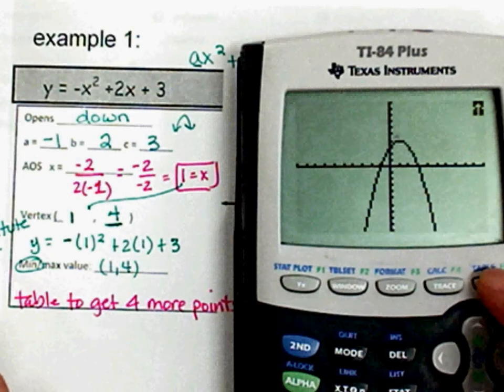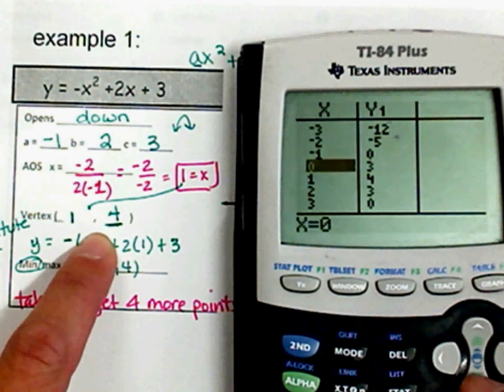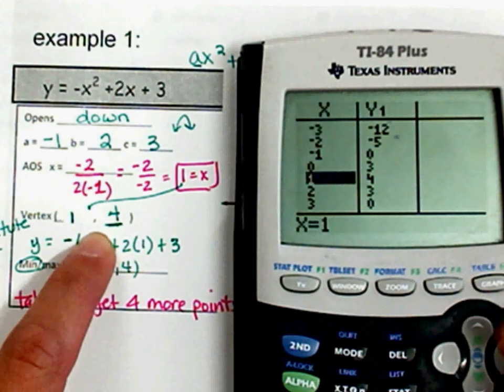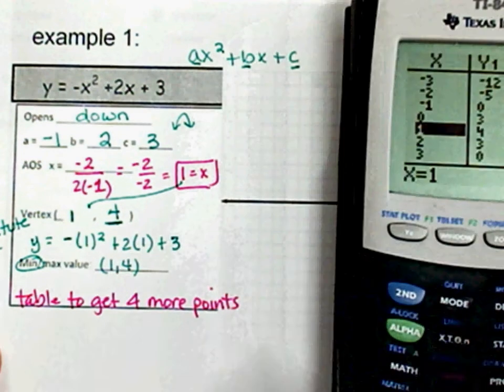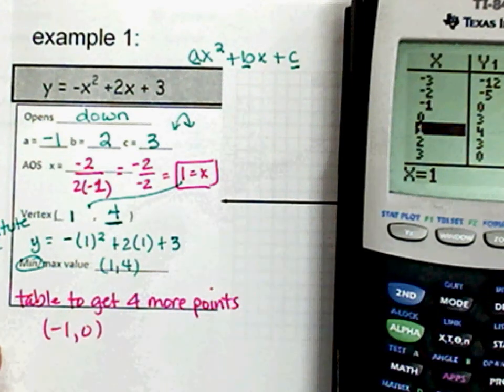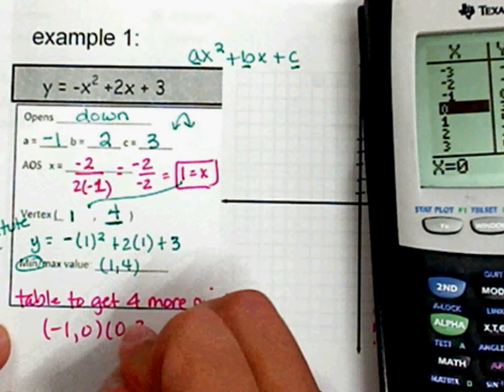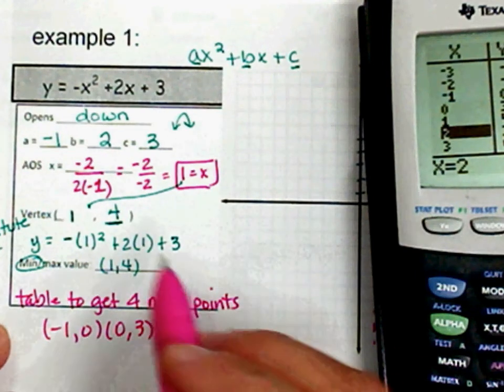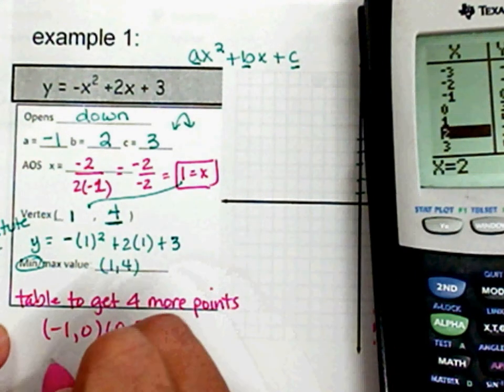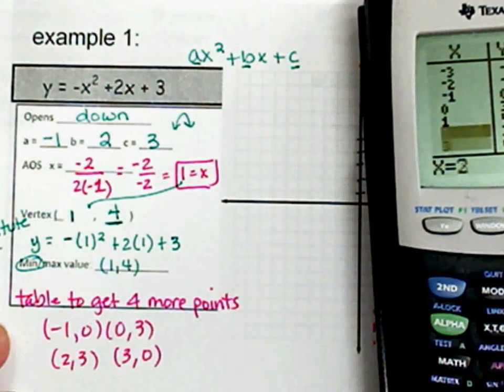Go to your vertex, 1, 4. Go 2 up and then 2 down. So -1, 0, and 3, 0 on the ends, then 0, 3 and 2, 3. So I just wrote down my 4 points, and that's going to help me graph.